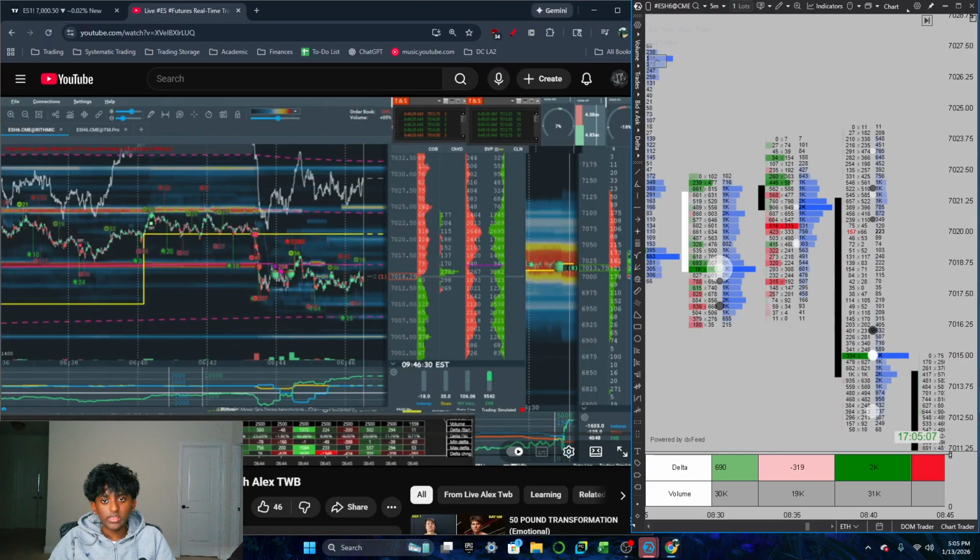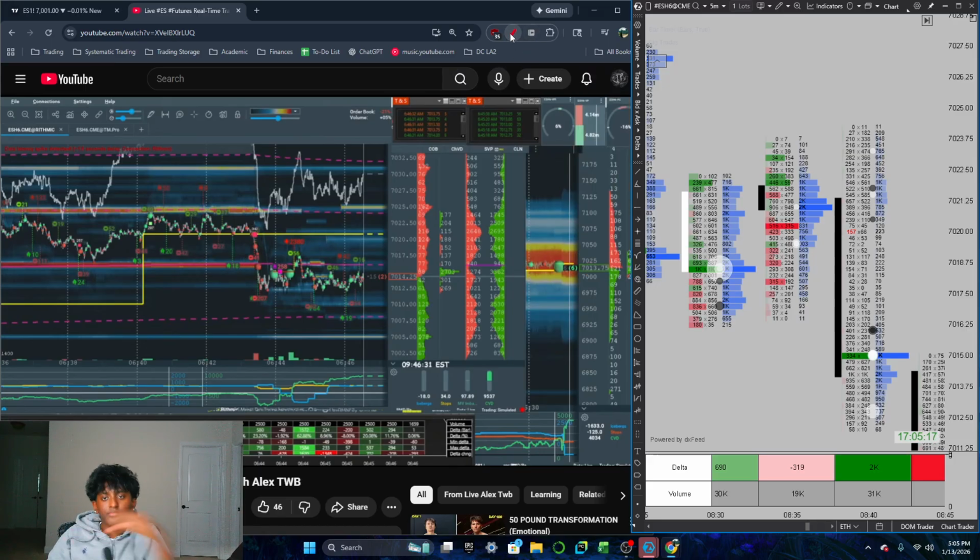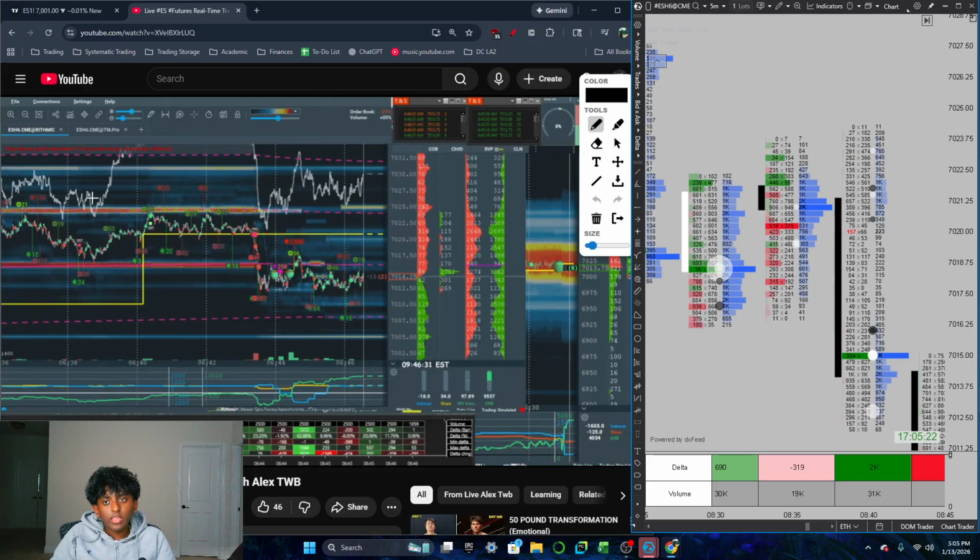But despite that, the liquidity seems to hold, and we see a strong flush of sellers that happen to break through this even bigger barrier towards the downside. So what that indicated to me is that these buyers are not strong enough to push price higher than 7025, and as a result we've headed lower.